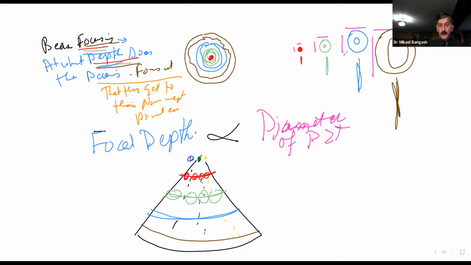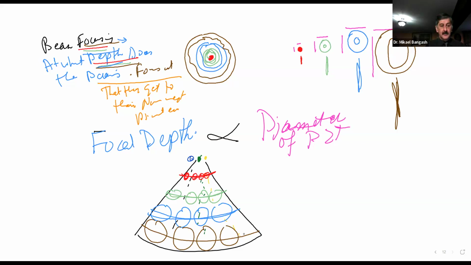The light blue one, or sky blue one, will be focusing at this depth. And this brown one here, because that was the biggest, will be focusing at this depth.